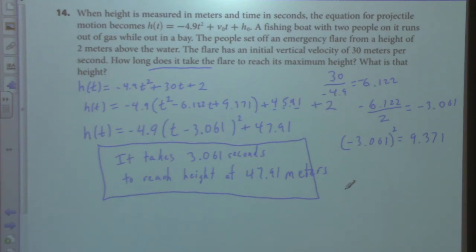See, these are the answers the book gives. 3.06, 47.9. So we went a little more accurately than they did. But that's what's in the textbook. And usually, the way I work it out, I'll be another decimal place more accurate than the textbook answer booklet.